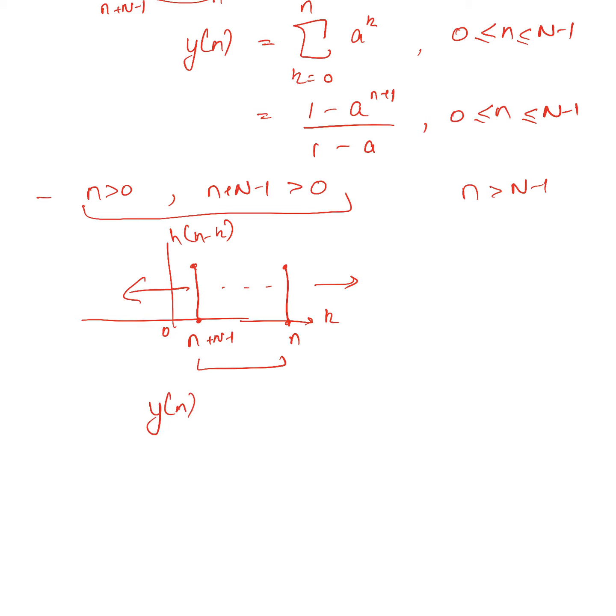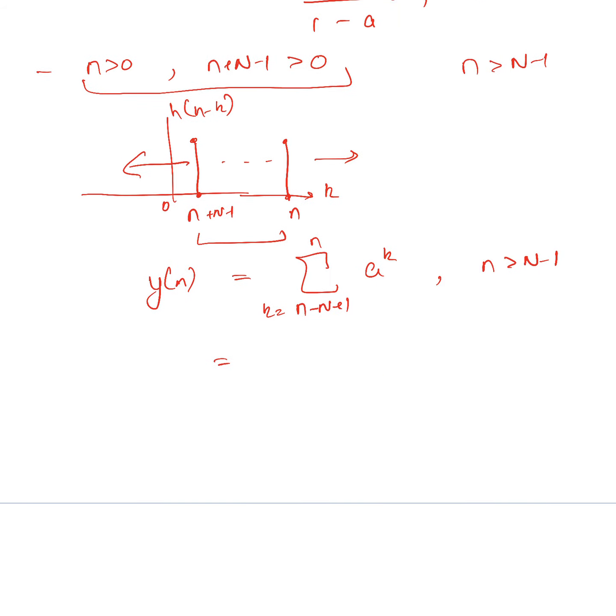So y of n would be defined as summation over k from n minus n plus 1 to n of a to the power k, where your n is greater than n minus 1. Again, simplifying this summation, I can express it as a to the power n minus n plus 1 minus a to the power n plus 1, divided by 1 minus a.